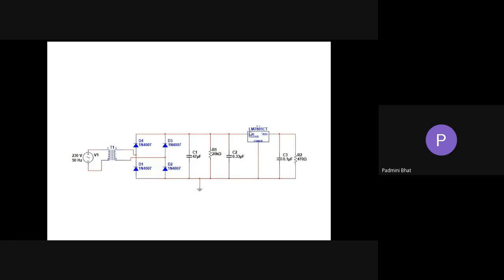Usually regulators come in the series LM7805, 78 dash dash, like this. Initially, when they designed the regulator with this concept, the utmost efficiency they got was 78%, so the name is 78.